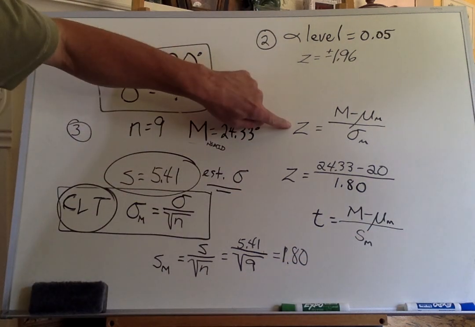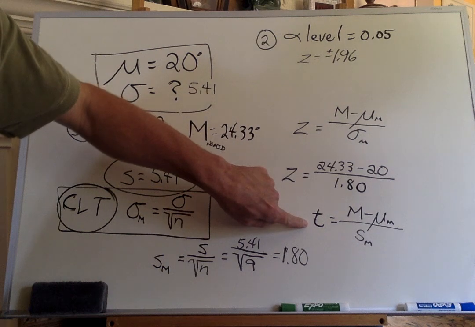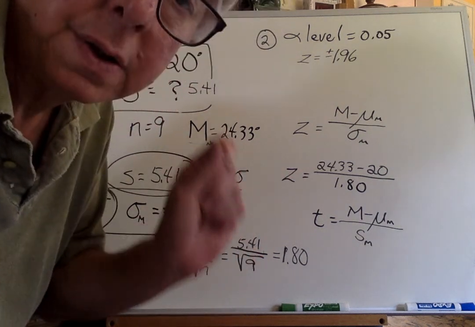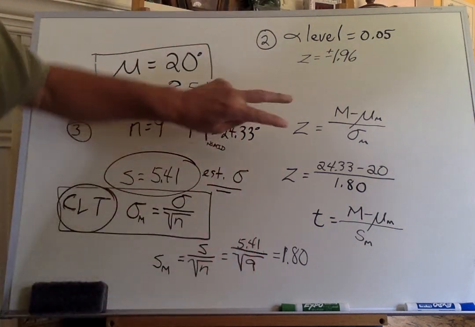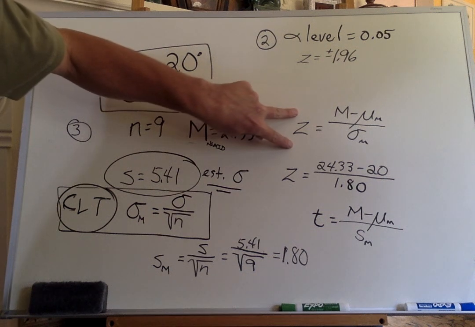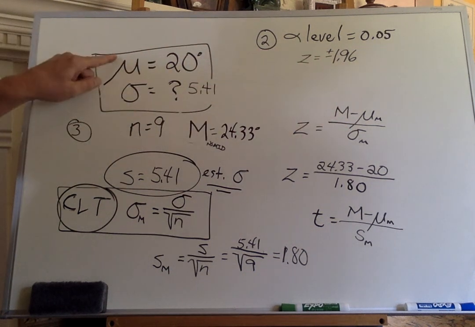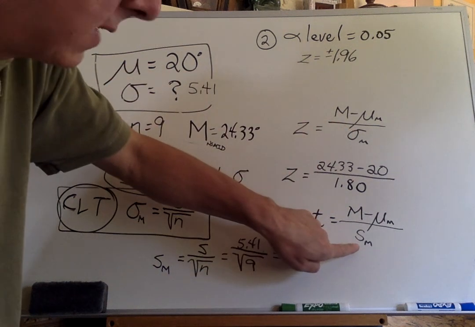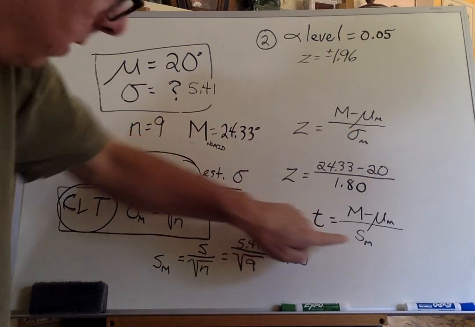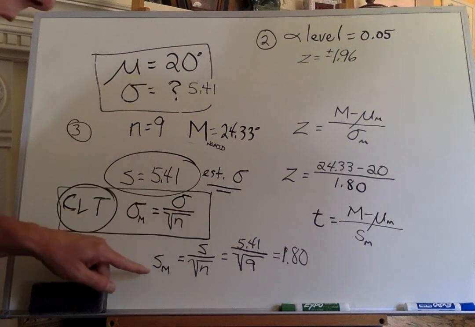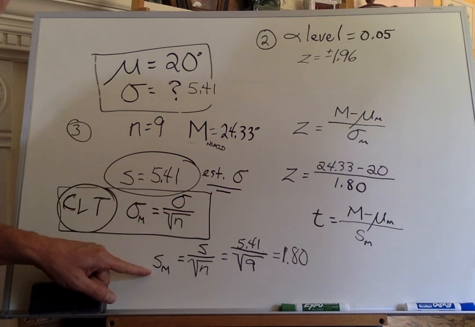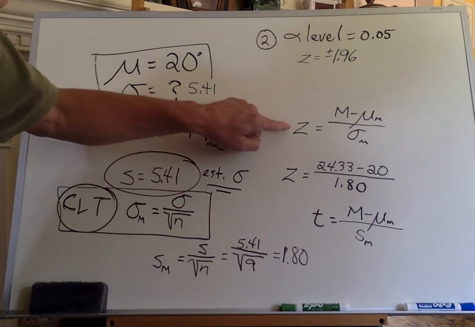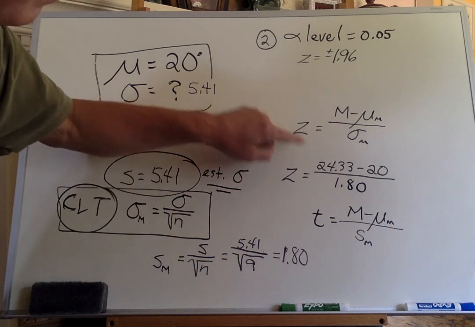Notice this formula and this formula. Same formula, different symbols. Z is used when you're given the mean and the standard deviation. T is used when you have to estimate the standard deviation. Estimate it, then give it central limit theorem treatment. Okay? Same formula, different symbols.